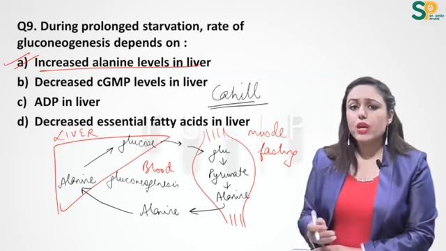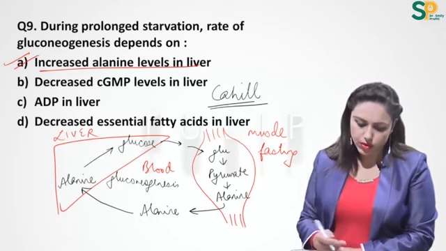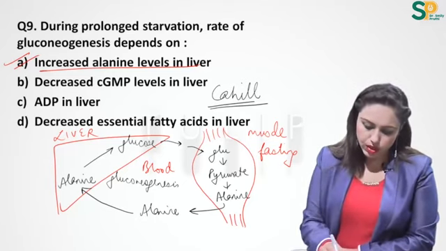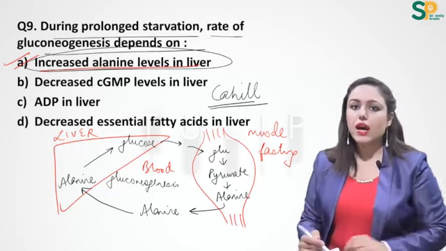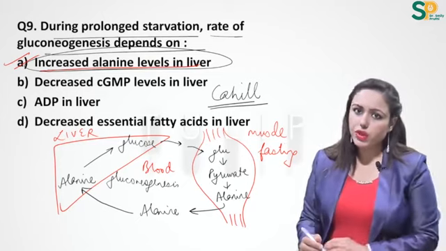Let me tell you, 18 amino acids out of 20 can form glucose. And here you can see alanine is forming glucose. Alanine is the most glucogenic amino acid, right? The carbon skeleton of the 3-carbon alanine is used to make glucose. So obviously we will be using 2 molecules of alanine to make 1 glucose, which is 6-carbon. So during prolonged starvation, the rate of gluconeogenesis depends on increased alanine levels in liver, which are coming from the fasting muscles.